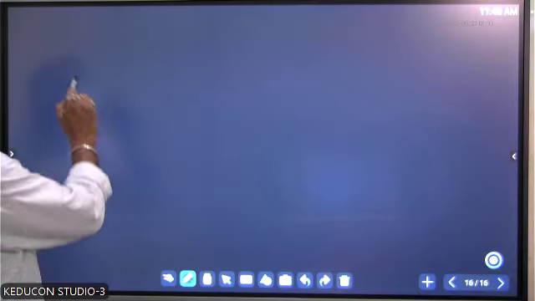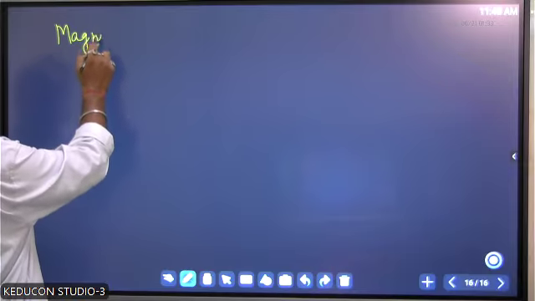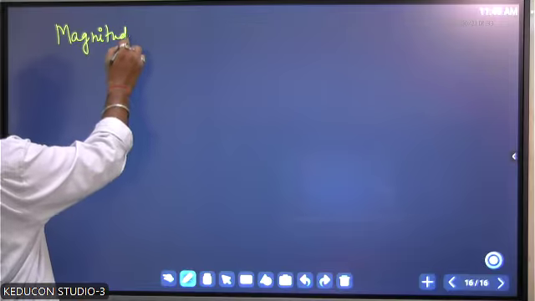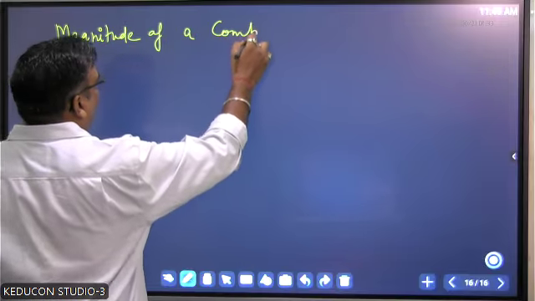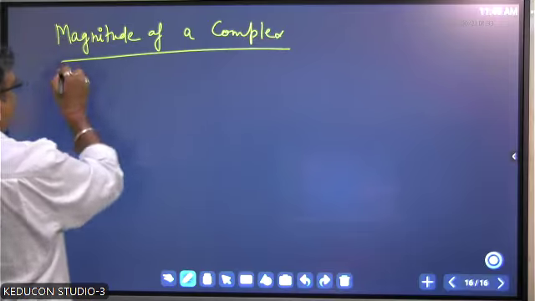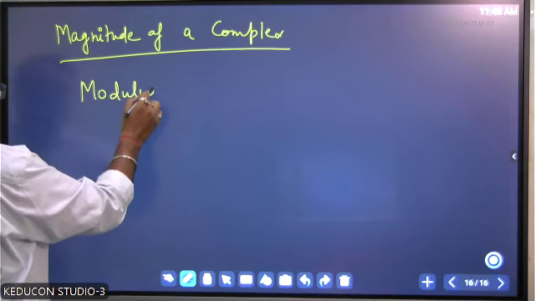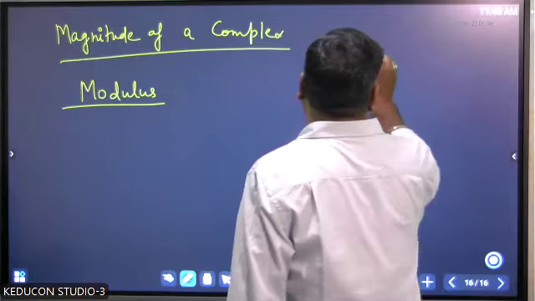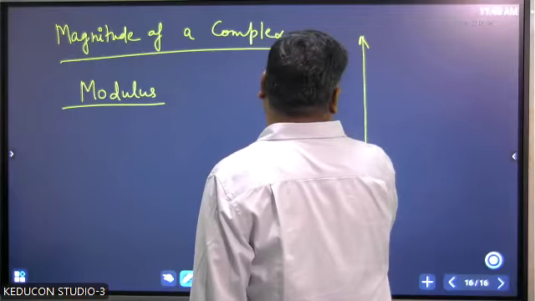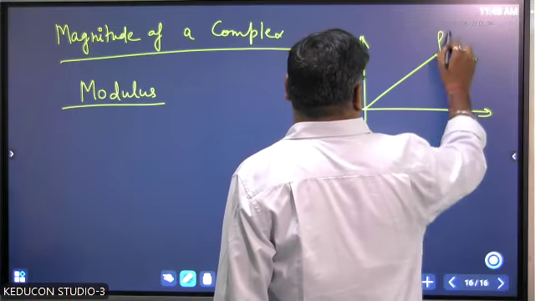Another thing which you need to understand is the magnitude of a complex number. Magnitude we also call modulus, children. It is also known as the modulus of a complex number. Now, what is modulus? Just now I drew a complex number on a plane.